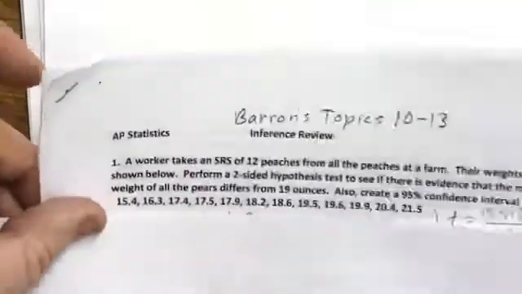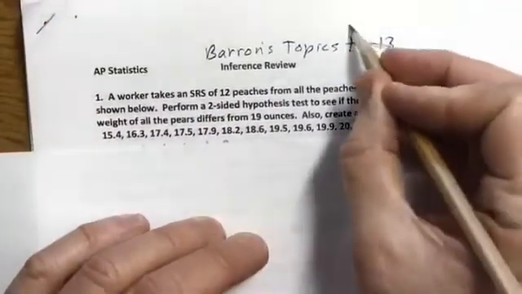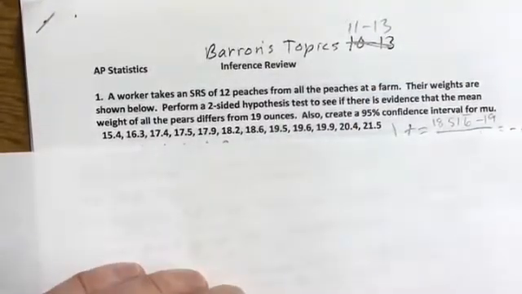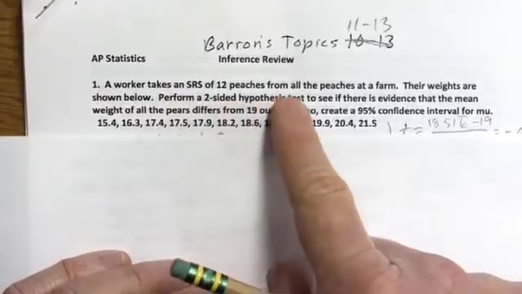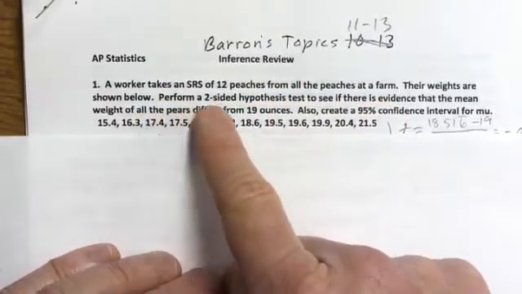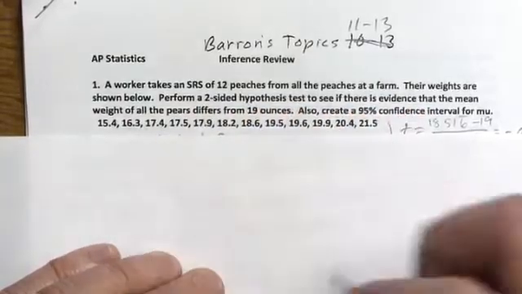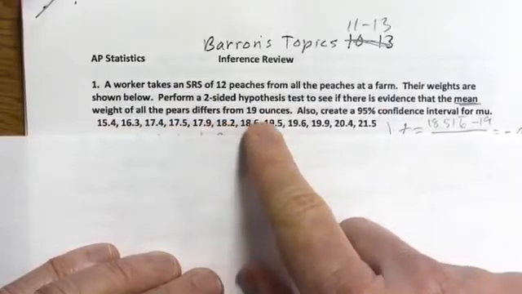Let's look at the first problem. By the way, this is topics 11 through 13 in our Barron's book. The first problem says a worker takes a simple random sample of 12 peaches from all the peaches at a farm. The weights are shown below. Perform a two-sided hypothesis test to see if there's evidence that the mean weight of all the peaches differs from 19 ounces.